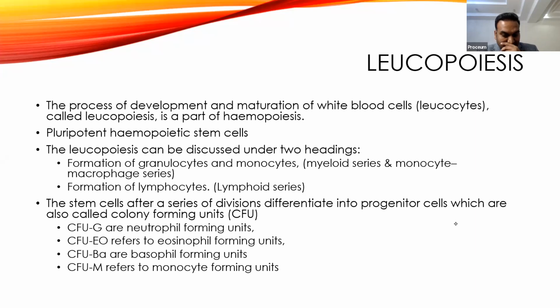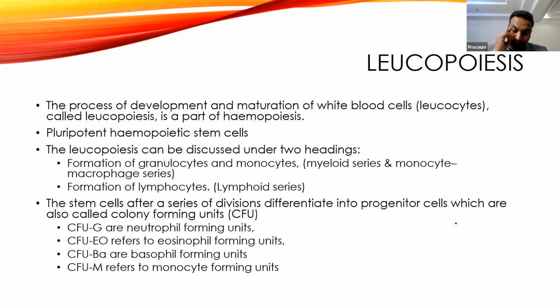If the stem cells are exposed to the colony forming unit which forms the neutrophil lineage, that factor is called colony forming unit G. G stands for granulocytes. Previously they thought it forms all three types of cells, but it forms only neutrophils, so it is called neutrophil colony forming unit.